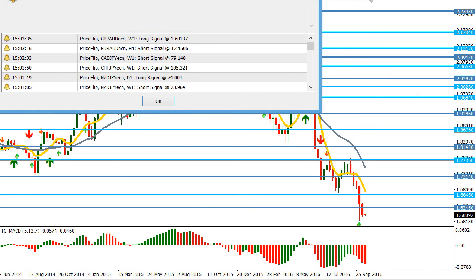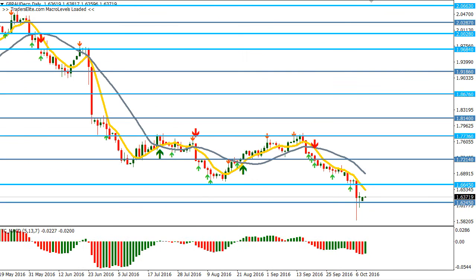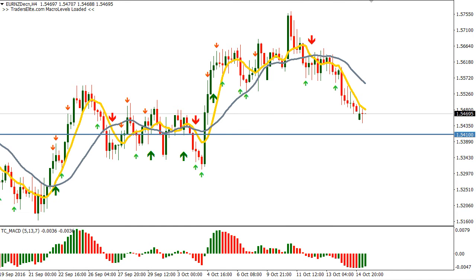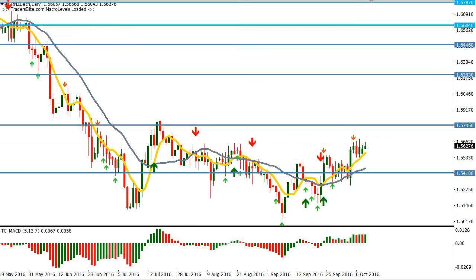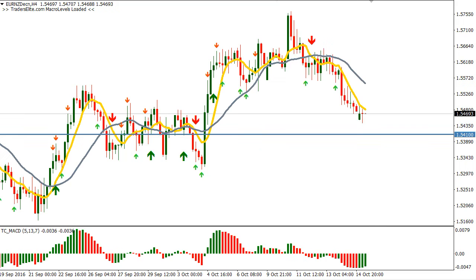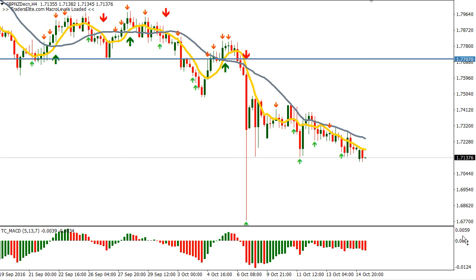Pound yen, weekly, same thing, very much down, down on the daily and down on the 4 hour. Euro Kiwi, down on the weekly, looking like possibly forming a new daily, and particularly if we get price under that 154.10 level, that's the level to watch currently. So possibility of a new macro level to the downside.